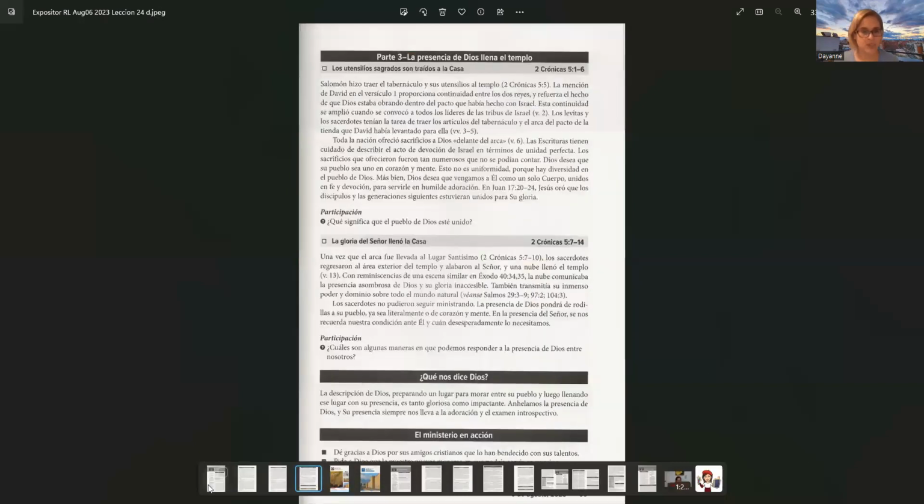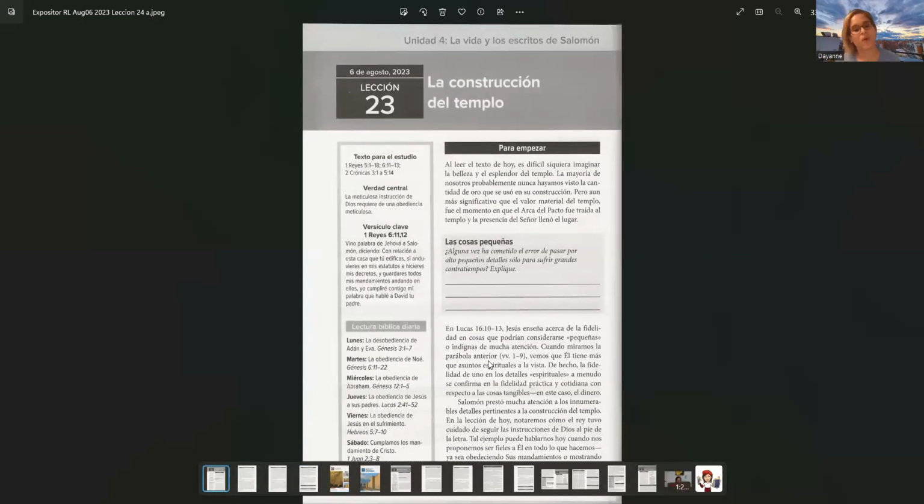So briefly, I'll just go here. This is what the front page looks like for the Spanish version. And they have the same exact thing as we would have in our study material. The text, the central truth, the verses that are needed, the key text, and then you have every single day of the week, the readings, the same exact thing, with where they start and what they do.